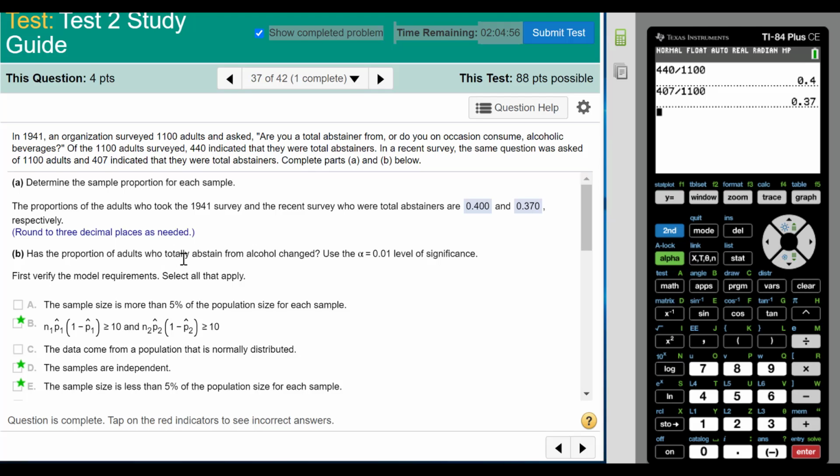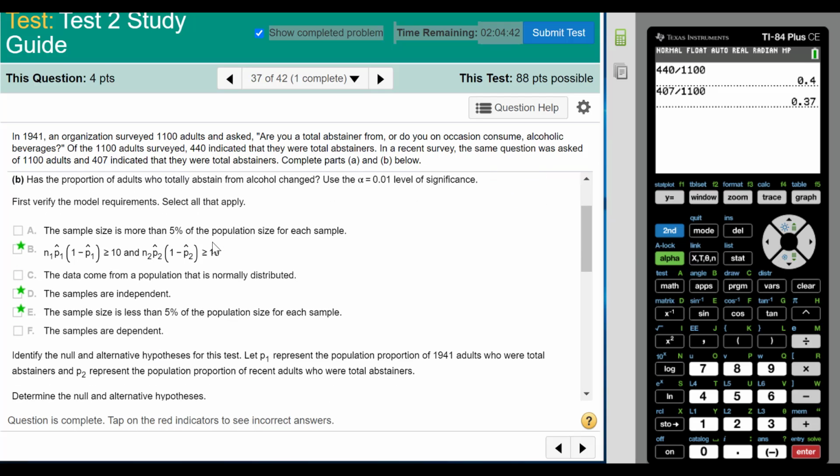Has the proportion of adults who totally abstain from alcohol changed? Change means equal, not equal. If it doesn't say increase, decrease, change means different. So you just put the different sign. Now we need to verify that the requirements are met. There are three requirements you have to select. The sample size N1 times P1 hat, which is the 0.4 times 1 minus 0.4 must be greater than 10.